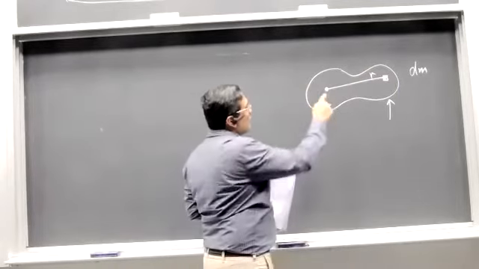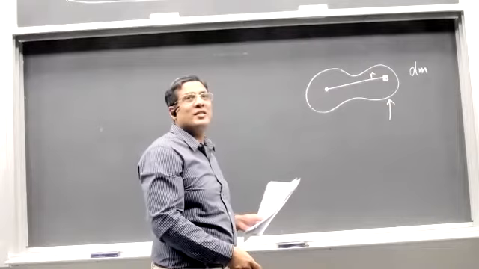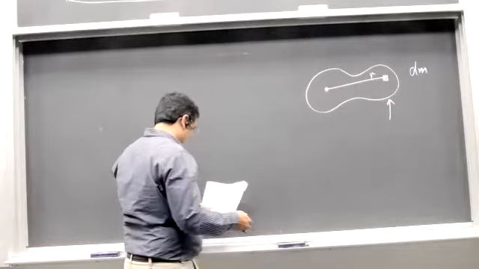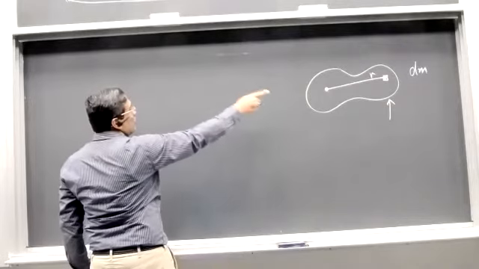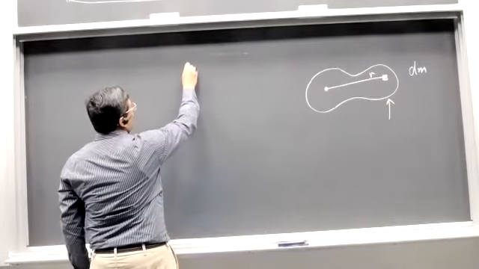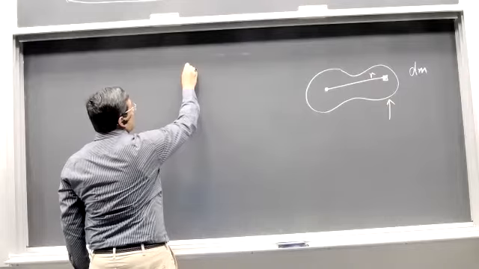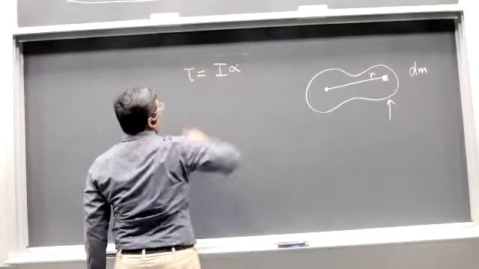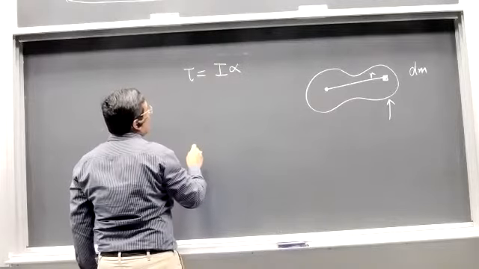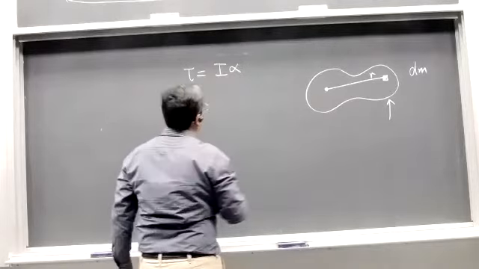Then some force is acting on it. To describe the rotation of this object, you want to actually calculate I alpha, but first just for that particle.